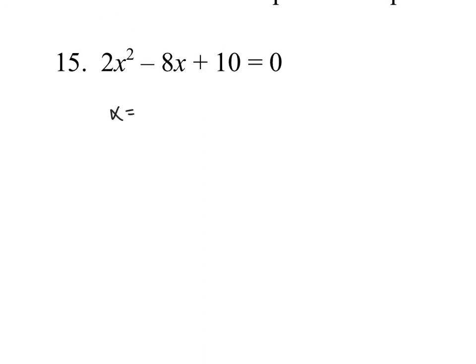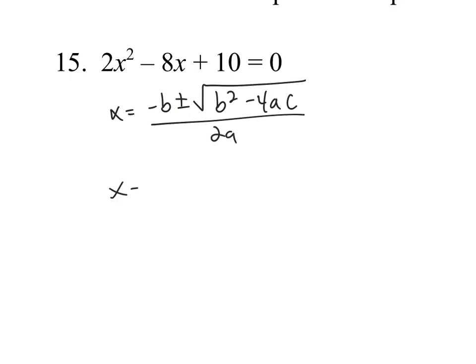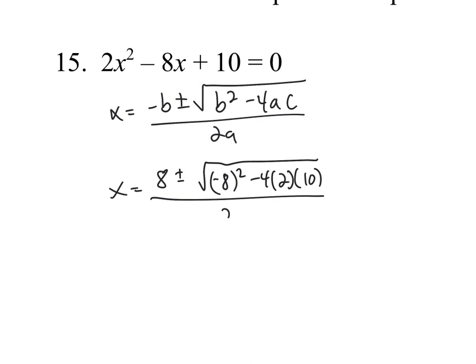x equals negative b plus or minus the square root of b squared minus 4ac all over 2a. And let's plug stuff in. So negative 8 would be positive 8 plus or minus the square root of negative 8 squared minus 4 times a times c all over 2 times a.